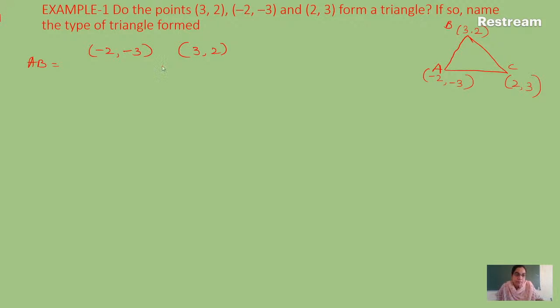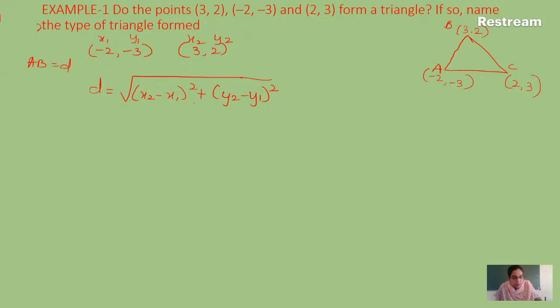According to the formula, the distance between A and B, that is d, is equal to root of, better name them x1, y1, x2, y2. To make it easier, just substitute (x2 minus x1) whole square plus (y2 minus y1) whole square. Now this is your regular formula.